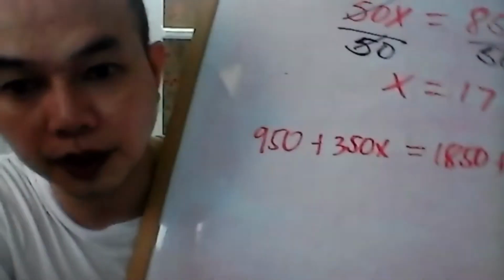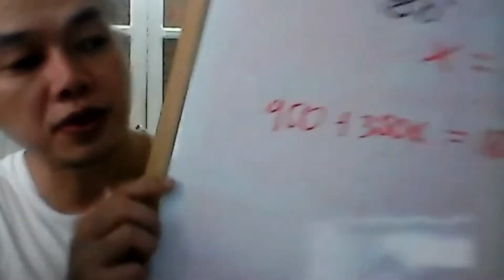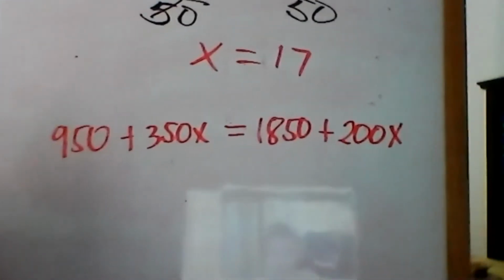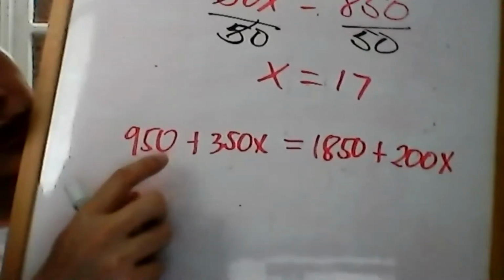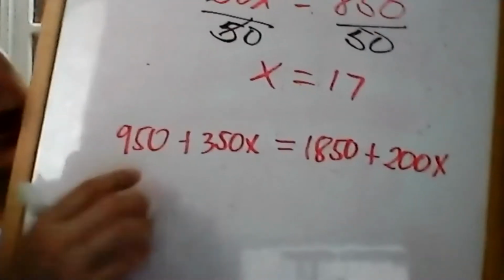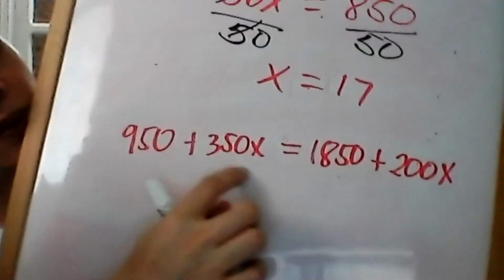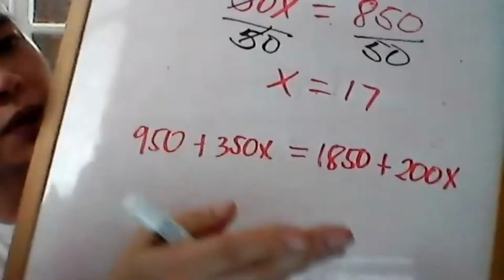In order to solve how many sessions each gym should have so that the value will be equal, we will have this equation. So 950, that's the membership fee of the one gym, annual, plus 350 per session, X, because we don't know how many sessions.